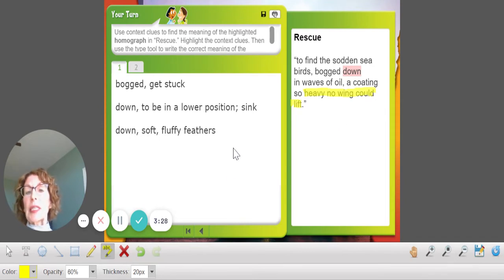And of course, in this case, the meaning of down would be to be in a lower position or sink. The weight of that oil is so heavy on that bird, he cannot lift his wings, and therefore his body is stuck or bogged down and possibly sinking.